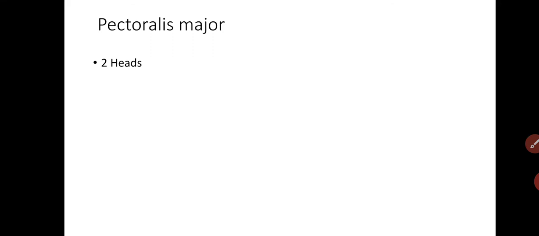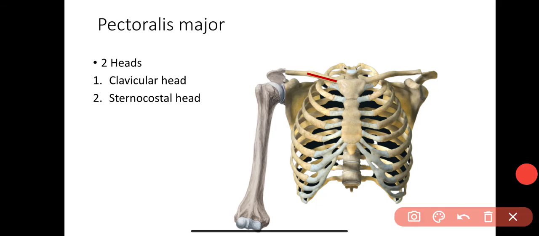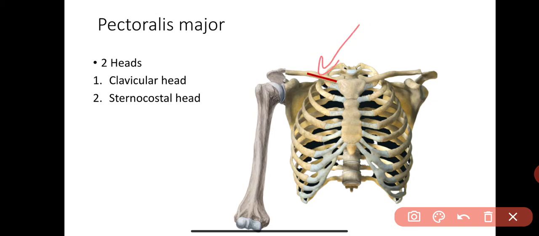It arises from 2 heads, clavicular head and sternocostal head. The clavicular head takes origin from the anterior surface of the medial half of the clavicle.